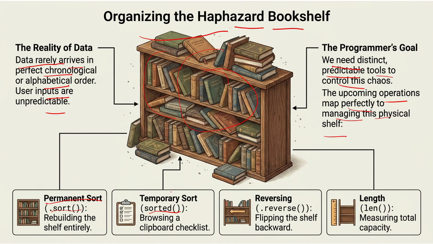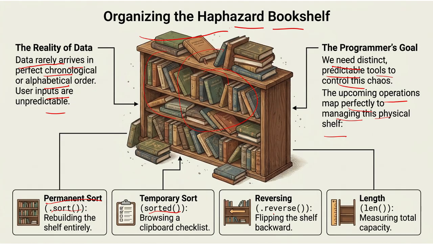What does it mean? The actual list will not be sorted. It will just create a copy of that list, and within that copy, just for the moment you have called sorted, you will see that list is sorted. We will see it in the coming slides.